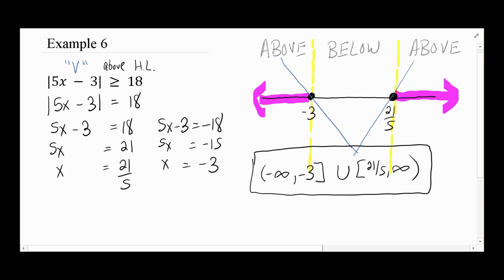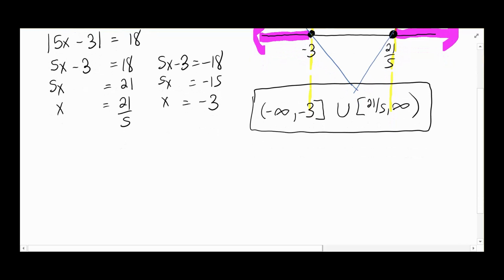And that's the answer to this problem. So that's kind of our graphical, easy way of getting the answer, is just to draw a V and say, when's the V above or below, and then figure out in the original problem, did I want to know when it was above, or did I want to know when it is below?